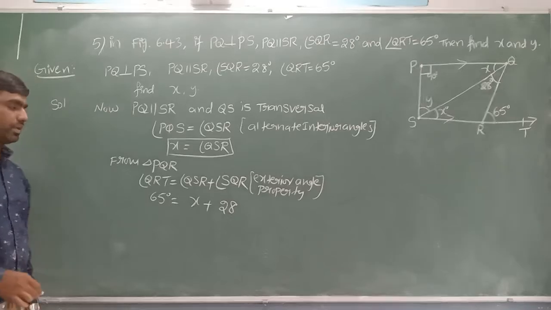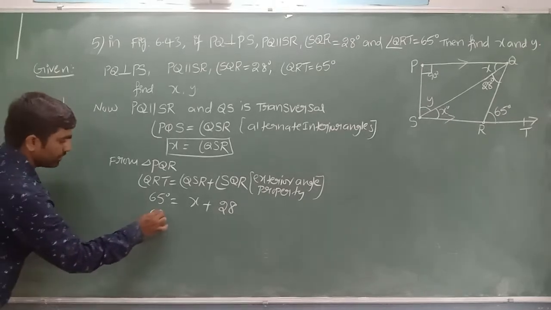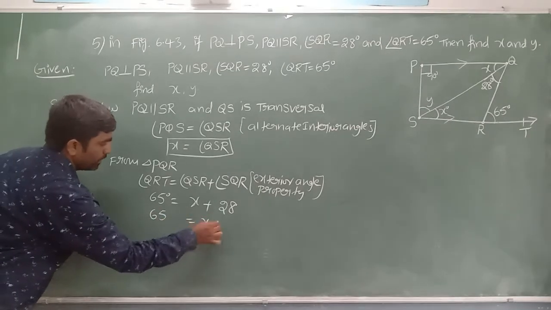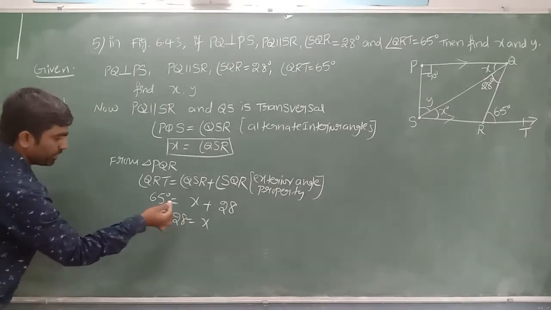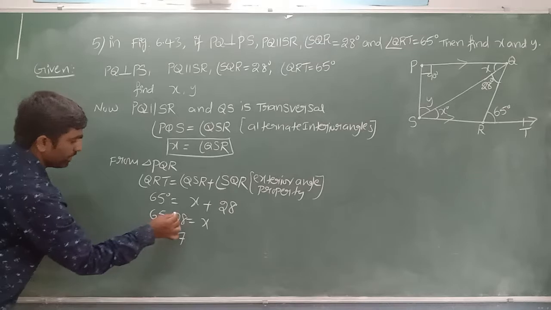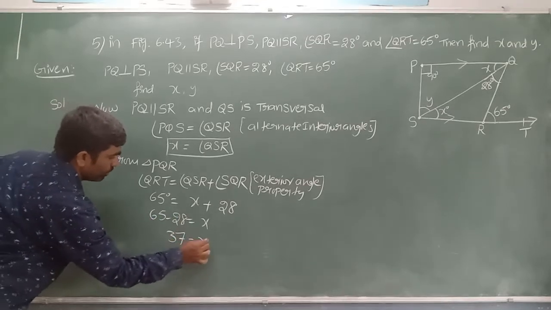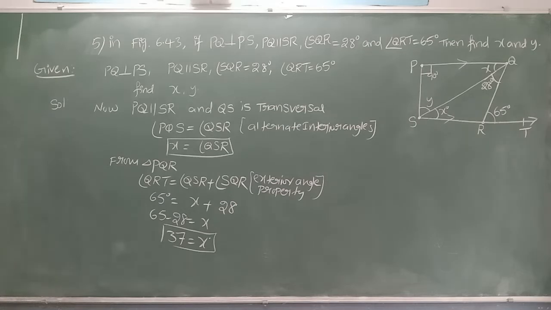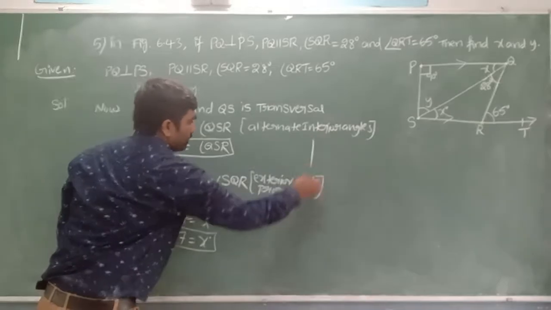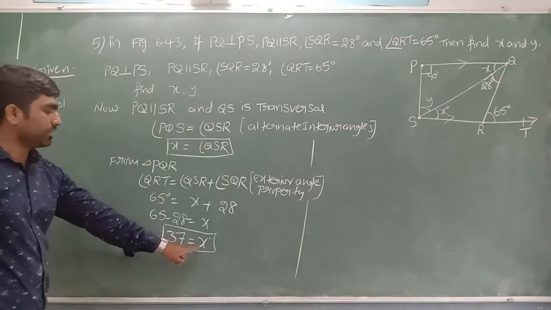From here you can find the value of x. 65 is equal to x plus 28. Transposing, we get 65 minus 28. 15 minus 8 is 7, 5 minus 2 is 3. So 37 is equal to x. Now I got x is equal to 37 degrees.